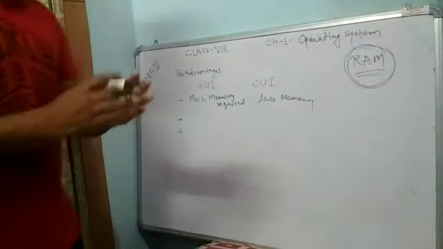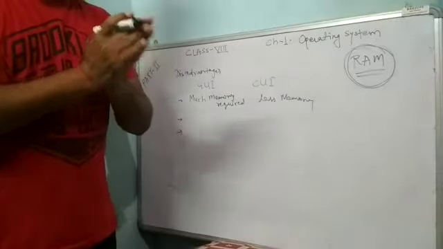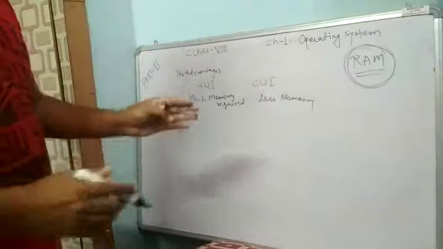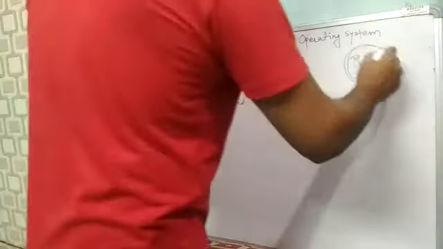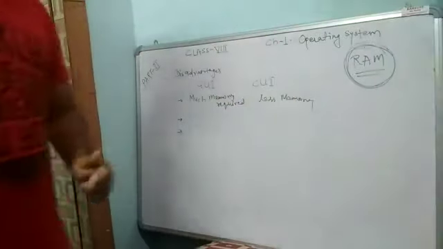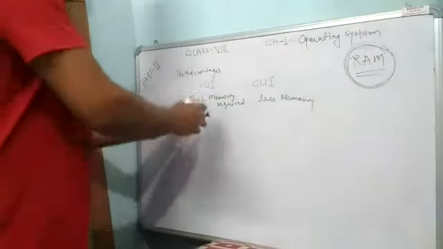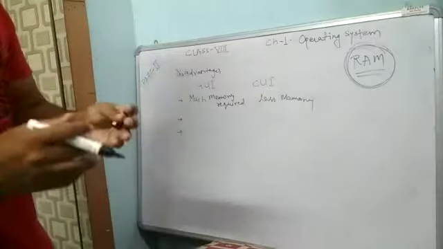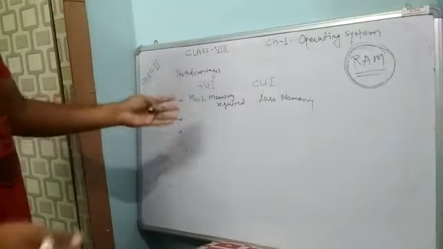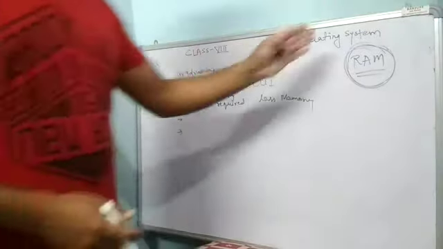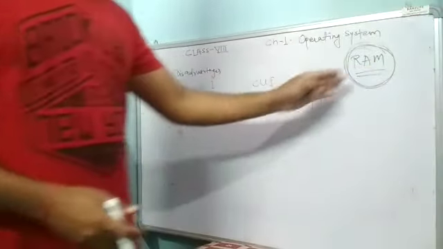I think you definitely know about this fact. So speed depends upon the capacity of the RAM. In fact, GUI operating system requires much more memory in the RAM.